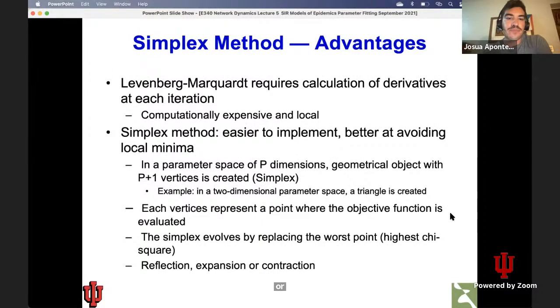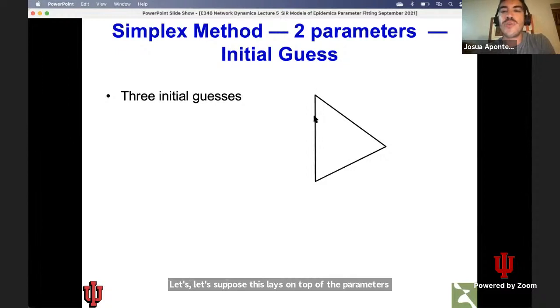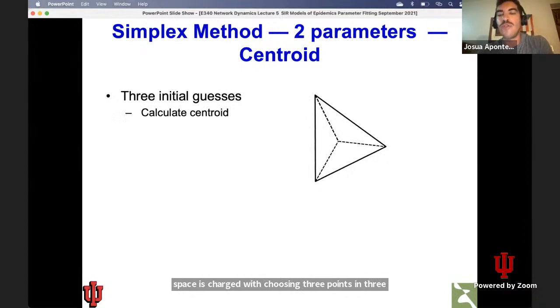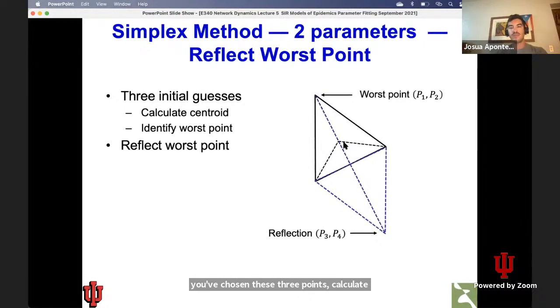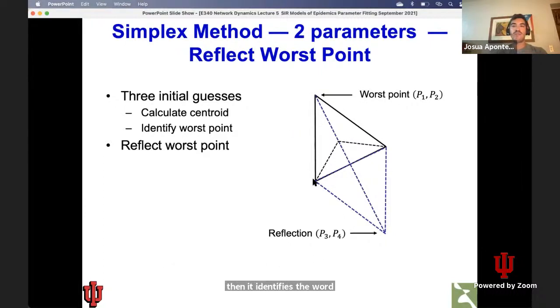So, all right, these are the same ideas I was talking about earlier. This is roughly how the simplex method works. Let's suppose that this lays on top of the parameter space. It starts by choosing 3 initial guesses in the parameter space. Once you've chosen these 3 points, it calculates the centroid. Then it identifies the worst point in the simplex and reflects that worst point across the centroid.